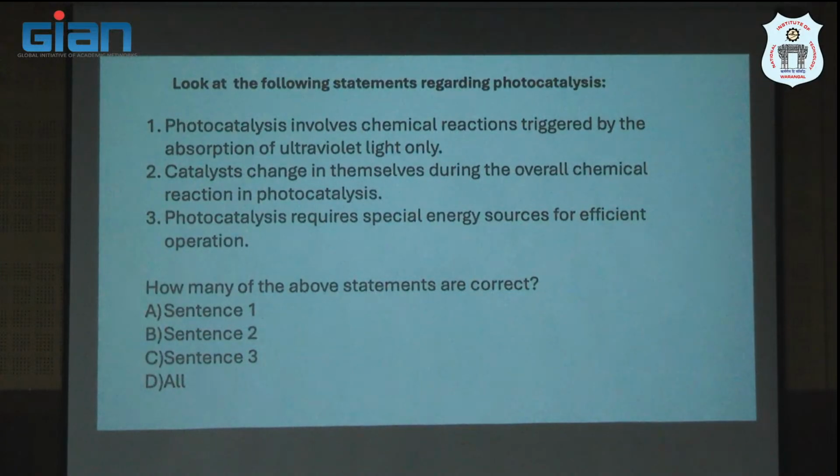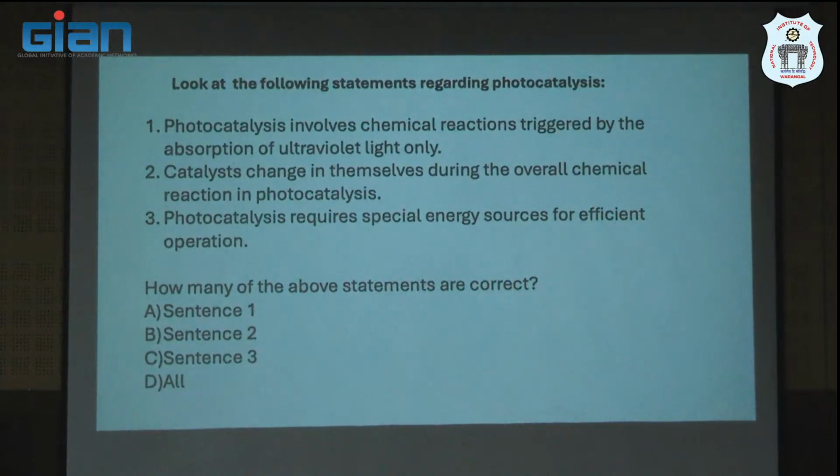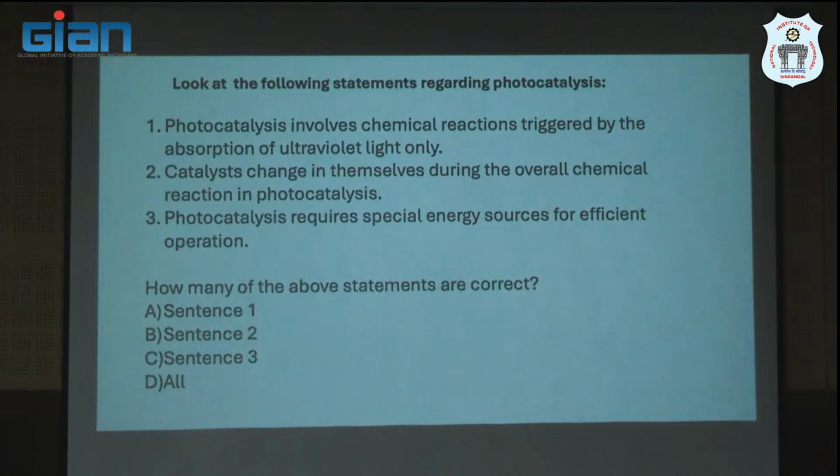So 1 is: photocatalysis involves a reaction triggered by the absorption of UV light only. And second is: catalysts change themselves during the overall chemical process.